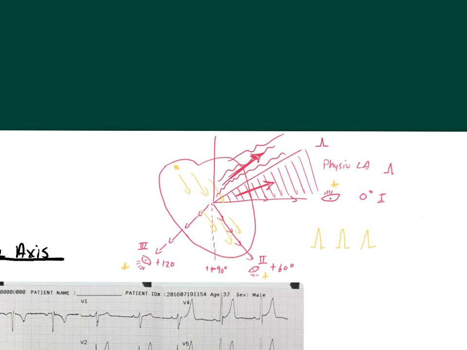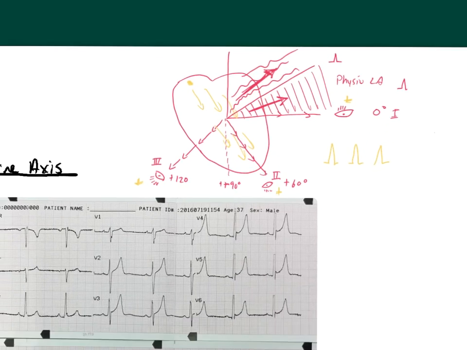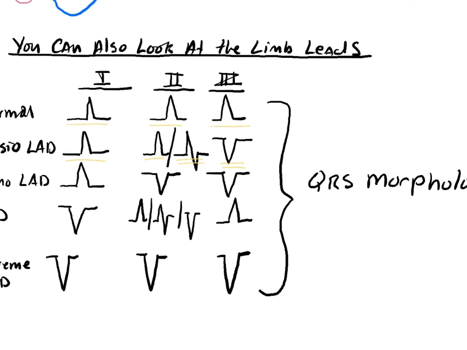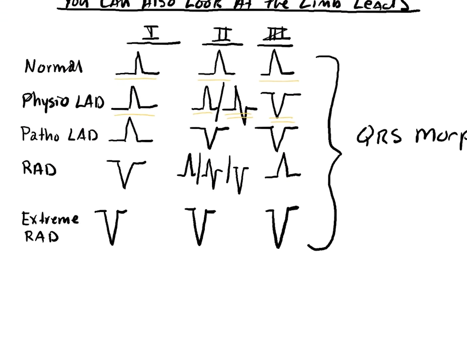2 and 3. So what would you expect? Down. Yeah, both down. So with pathological left axis deviation, you're going to see up in 1, down in 2, and down in 3. Up, down, down. And that makes sense because remember, the more you go up into physiological, the more biphasic the QRS looks in lead 2, until you go into pathological LAD and you're now full on down in lead 2, right?